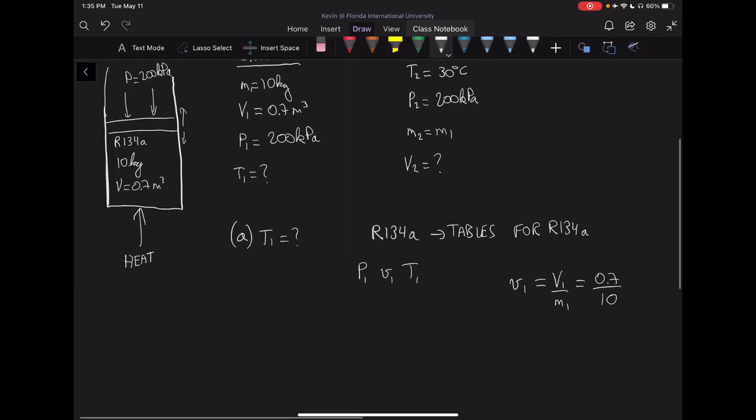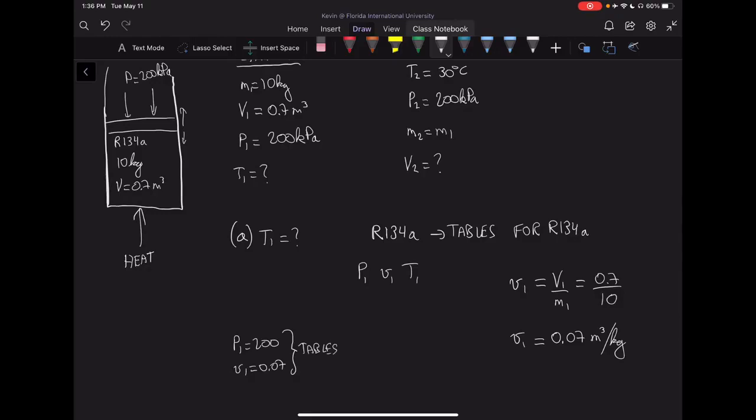So our specific volume in our problem is equal to 0.07 meters cubed per kilogram. This is the specific volume of our fluid at the initial point. And from there, we can write down that P1 is equal to 200, v1 is equal to 0.07, and we can go to our tables.